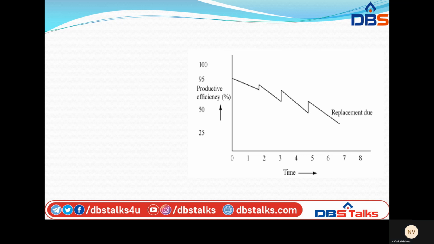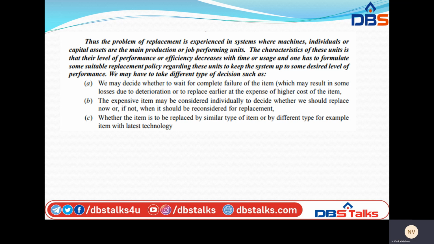After continuation of the life cycle, again the efficiency may fall down. So when the product efficiency decreases, the replacement is needed. Thus the problem of replacement is experienced in systems where machines, individuals and capital assets are the main production or job performing units.